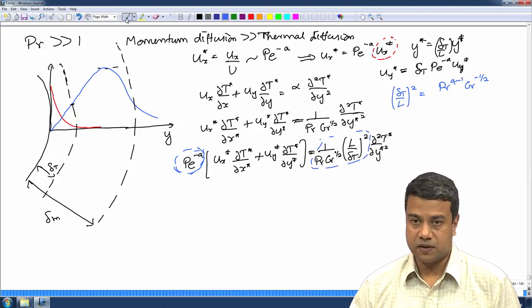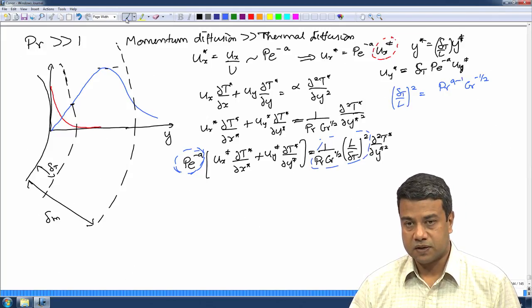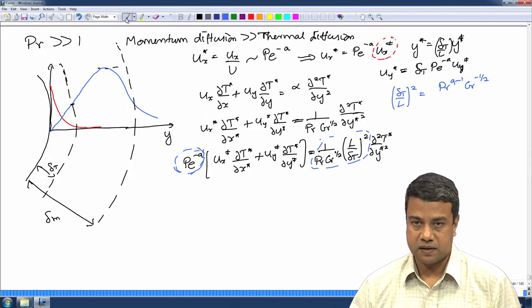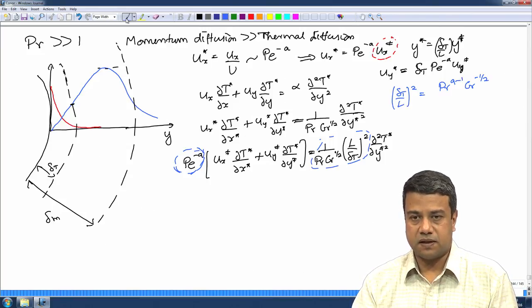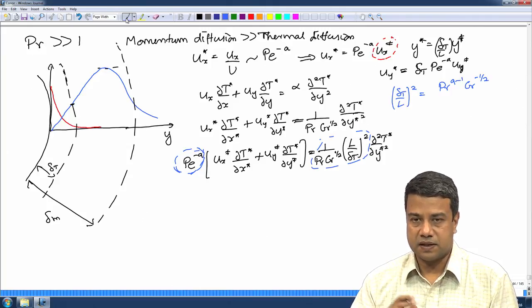So, within the thermal boundary layer, momentum diffusion is going to be much faster than convection, because as I reduce the thickness, diffusive effects become large. You recall the Reynolds number has a length scale in the numerator, ratio of inertial and viscous effects. As the length scale decreases, viscous effects become larger than inertial effects.